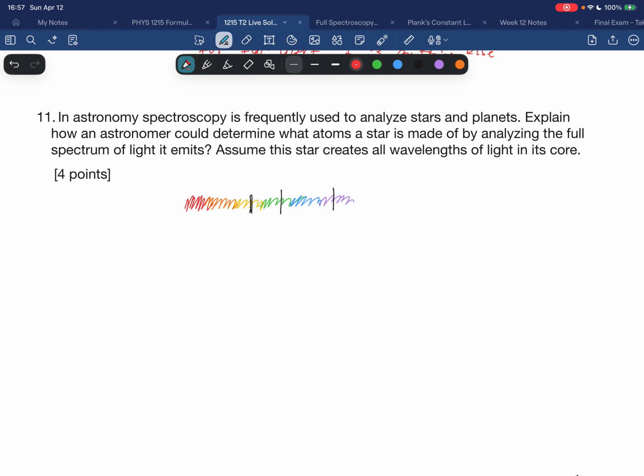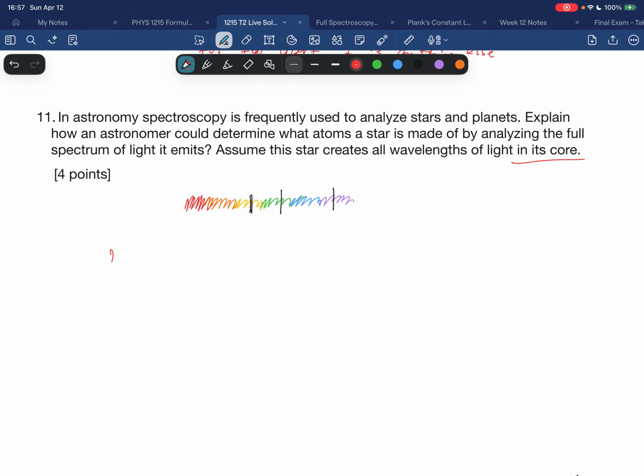So the light is made in the core of the star. The light then has to pass through everything that the star is made of before it escapes the star, and the wavelengths that correspond to the elements that make up the star will be absorbed. Everything else will be passed through.